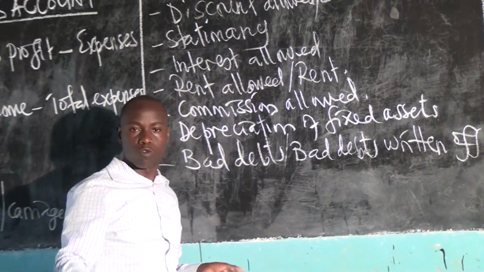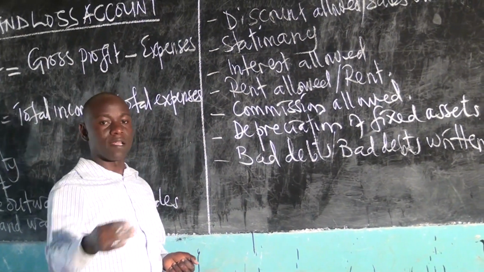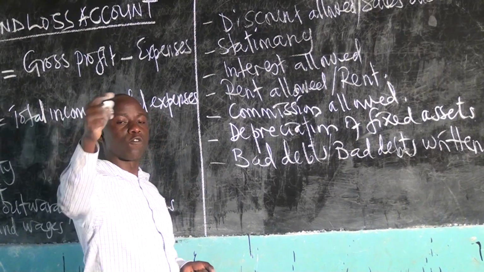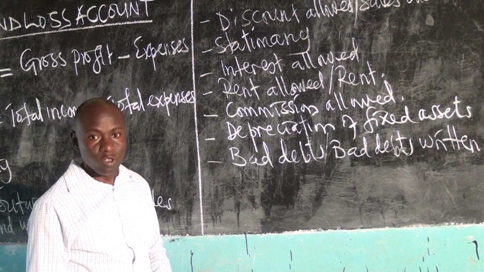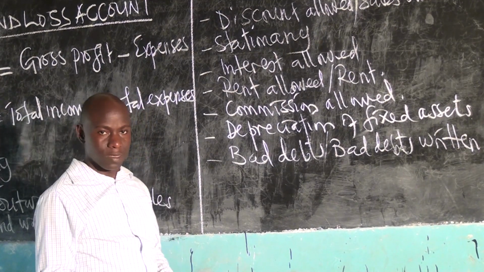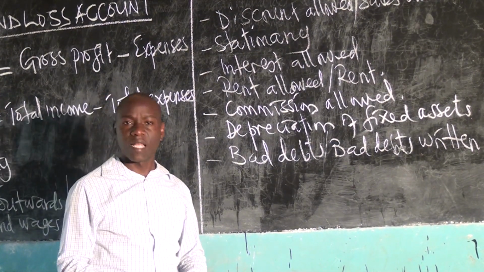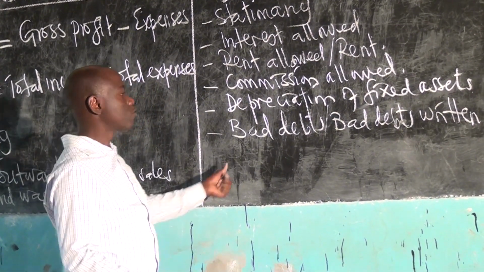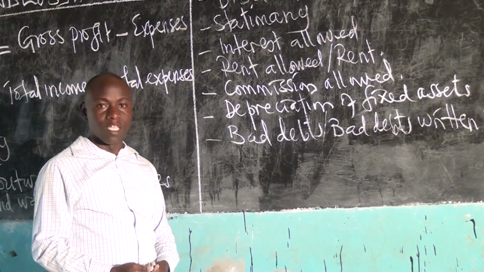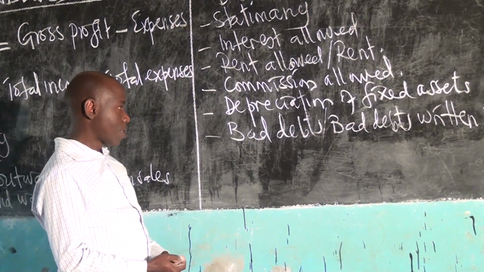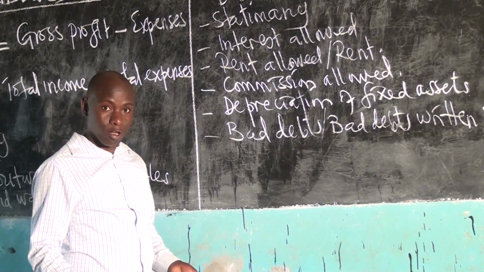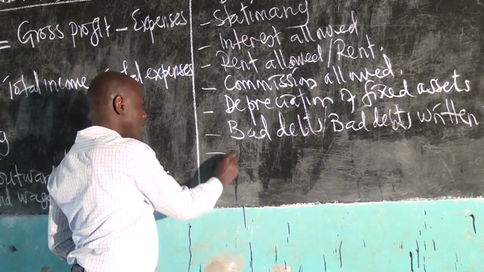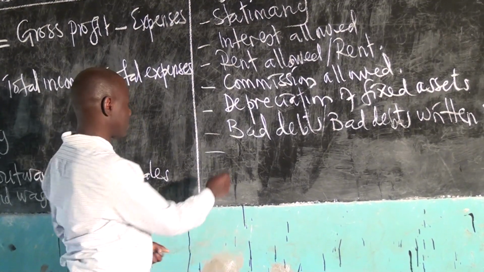The business sells goods on credit, and those people to whom the goods were sold on credit totally refuse to pay the business's money. They run away. So what the business does is write off those debts, to forget those debts. But when the business forgets those debts, it means it has made a loss. There are so many others.